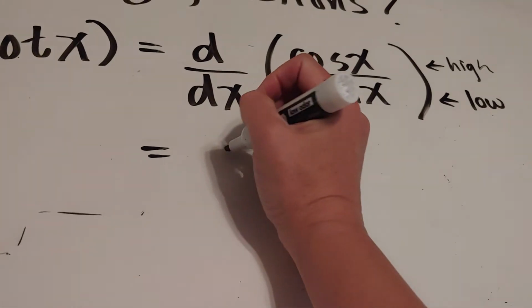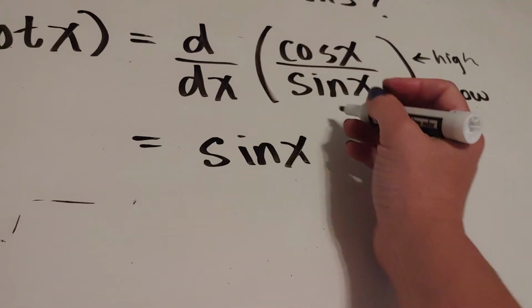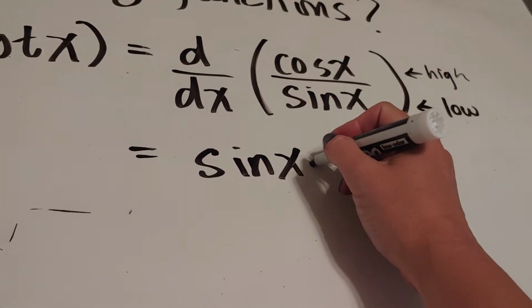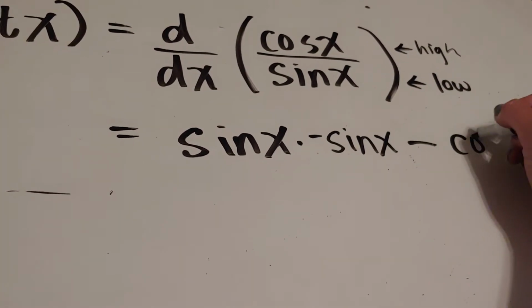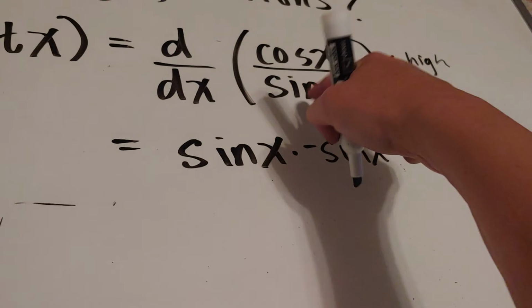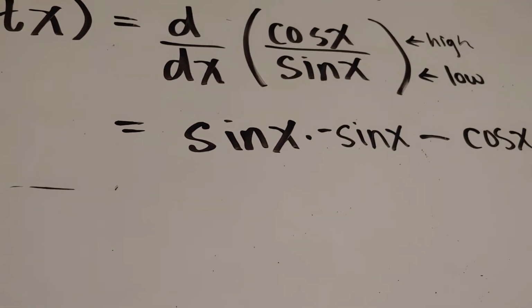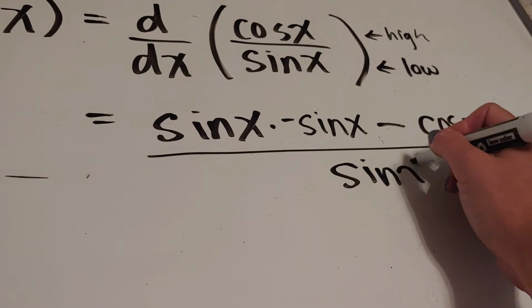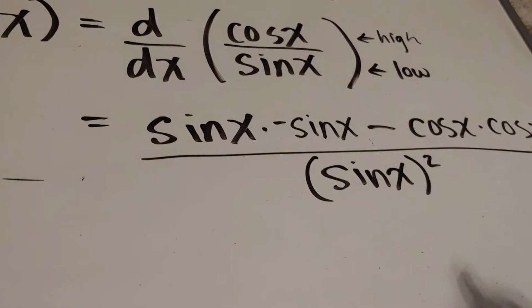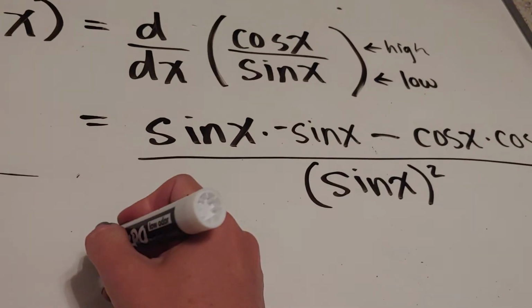So low d high, the derivative of cosine is negative sine, minus high d low, the derivative of sine is cosine. Square the bottom, don't touch it.